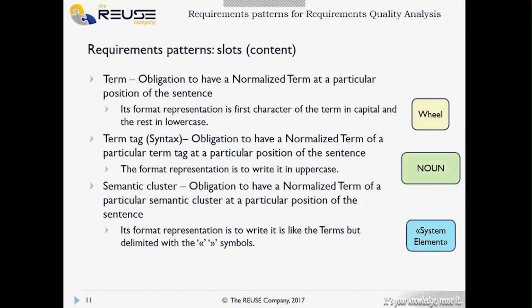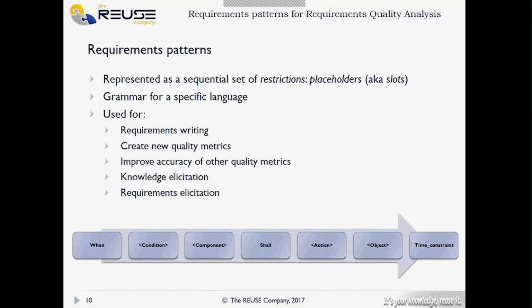If we go back to the previous example, here you can see that we are expecting, on the one hand, "When", which is just a keyword, normally represented with the first letter capital and the rest regular. Then this angle bracket is for a semantic cluster, the same for condition, for components, sorry.